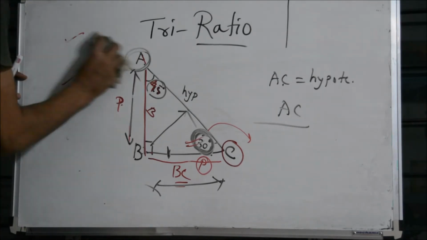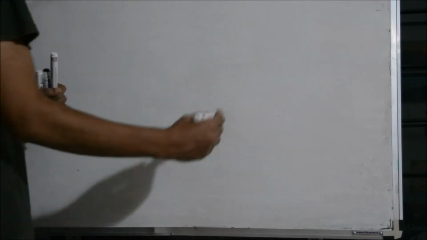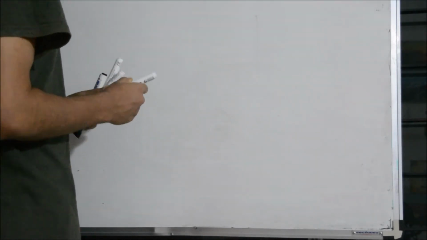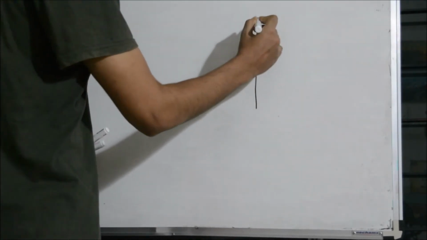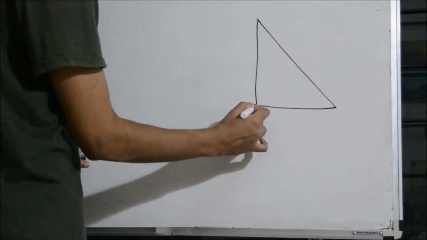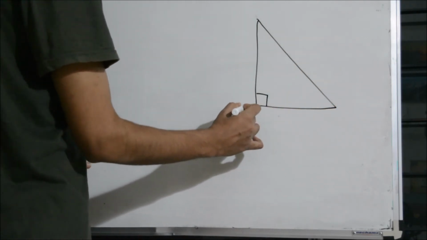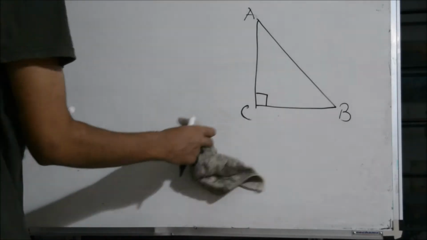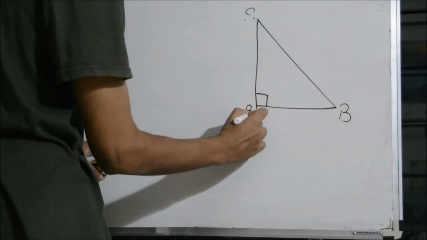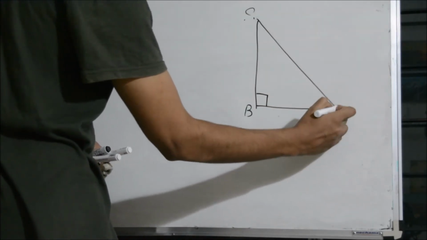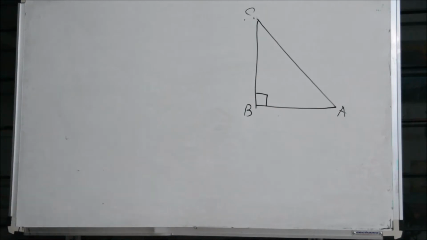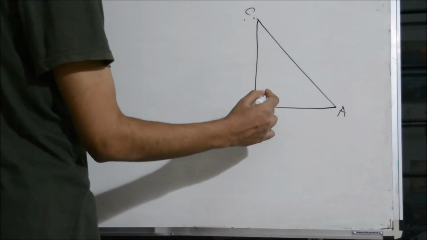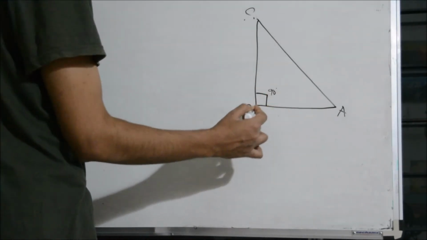Now let's move on. How do we define the trigonometric ratios? Let us consider a right angle triangle, right angle at B, A, B, C. It will be the same as your book now.